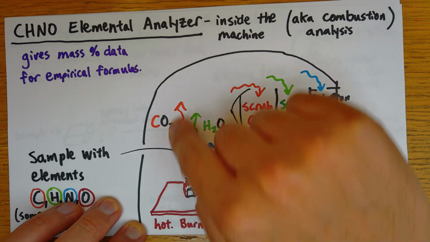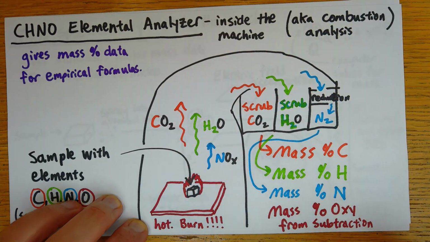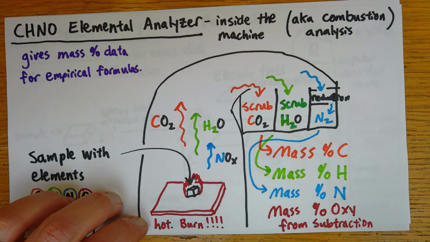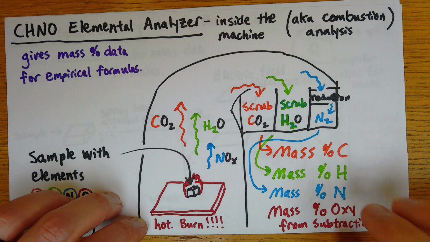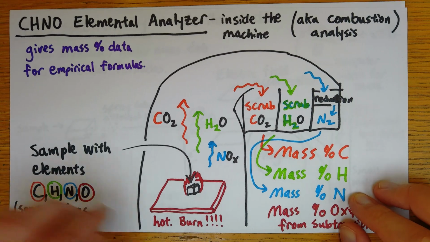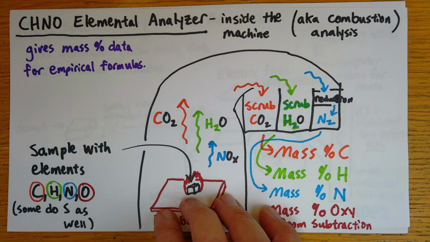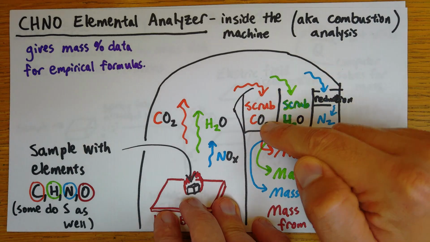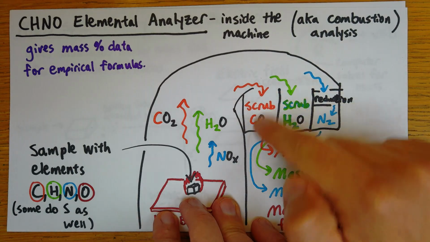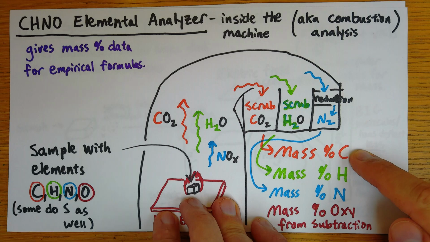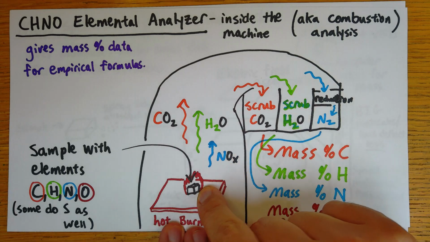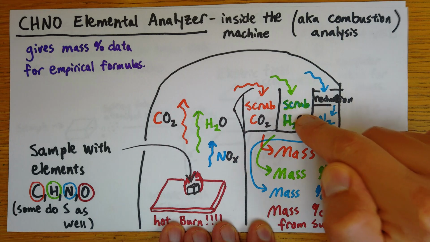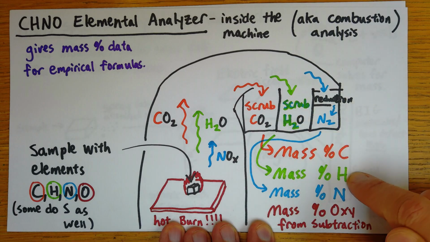It goes through and then a scrubbing process begins. Scrubbing means the absorption of various materials, and you have selective scrubbers, and by scrubbing the carbon dioxide, you can calculate the mass percent of carbon that came from the original material. Same thing can be said for water to calculate the hydrogen percent.